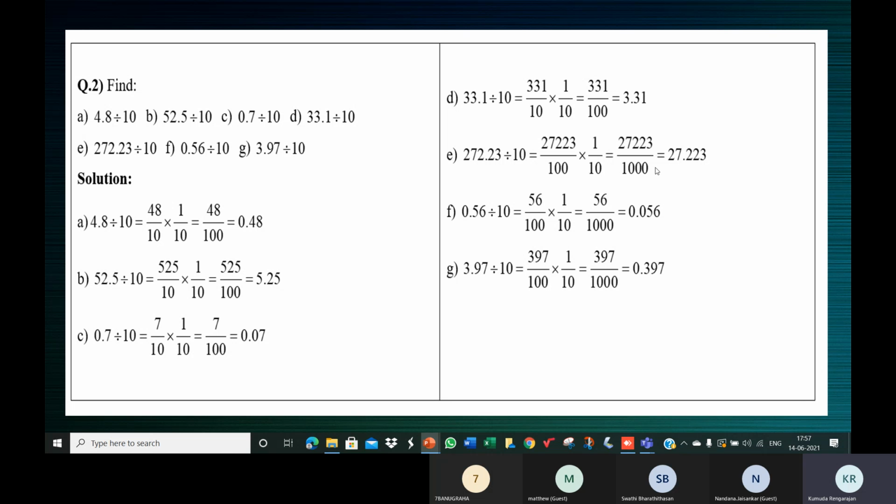Now the denominator is 1000, which has 3 zeros. That means the decimal must have 3 decimal places. We have 5 digits, 27223, more than sufficient. 3 decimal places, so place the point here. After the point, there should be 3 digits.